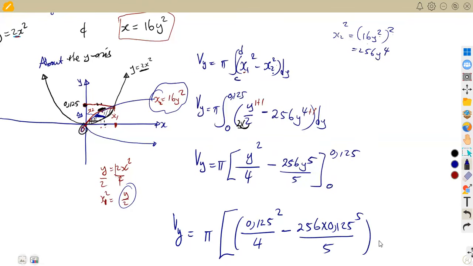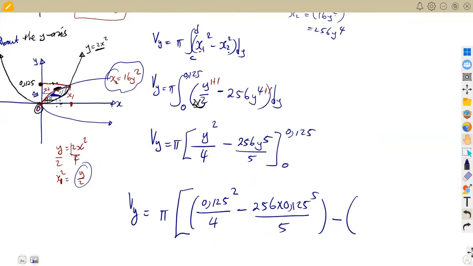Minus, for the lower limit, we are substituting a 0 here, so that is going to be a 0 there, 0 to the exponent of 2 is 0, and also a 0 there. So there's nothing you are going to have on this side.